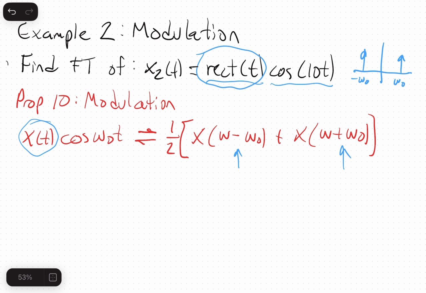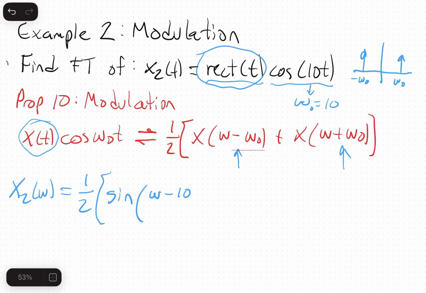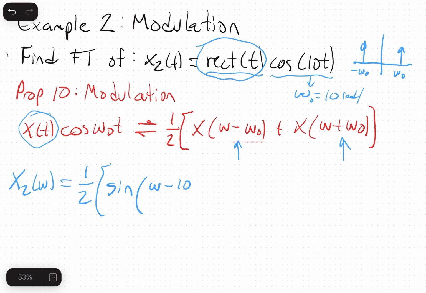So if we're looking to find x2 of omega, then this is going to be equal to 1/2, and we open parentheses. We know the Fourier transform of the rectangular pulse is sinc, so sinc of omega minus 10, because the angular frequency of the cosine, omega naught, is 10 radians per second.